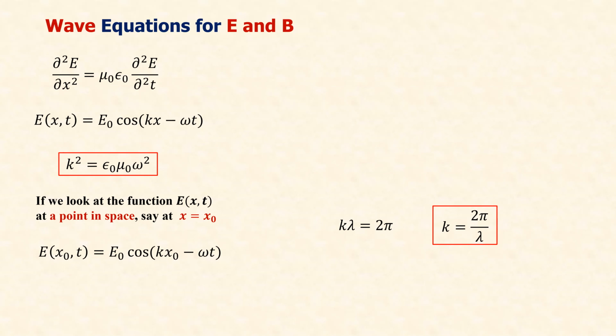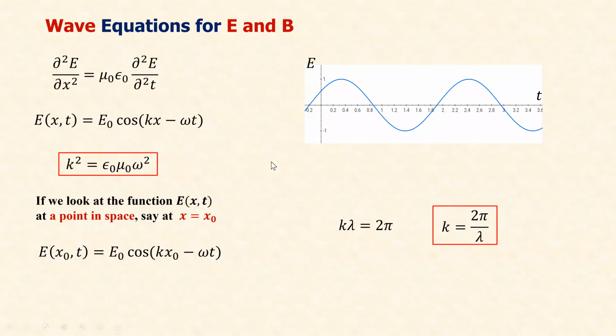If you look at the electric field as a function of time, it gives you this. The electric field goes positive, negative, oscillates at that point. And the time between this maximum and the next maximum is the cycle, which is the period of the oscillatory motion or the periodic motion.